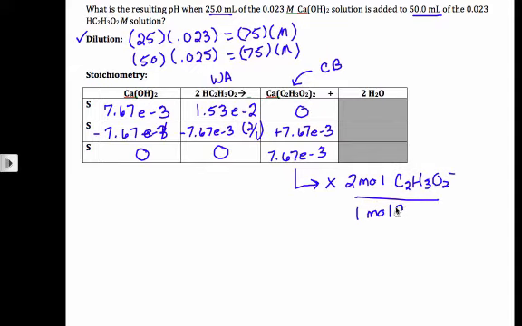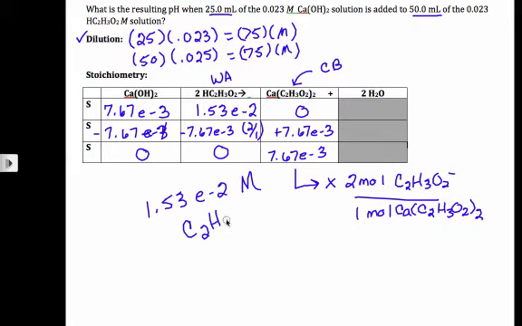Now, I'm not telling you that this is the fastest way to do these problems, but it's the method that is much less likely to get you lost. So what we have here is a 1.53 times 10 to the minus 2 molar solution of a base, conjugate base, C2H3O2 minus.